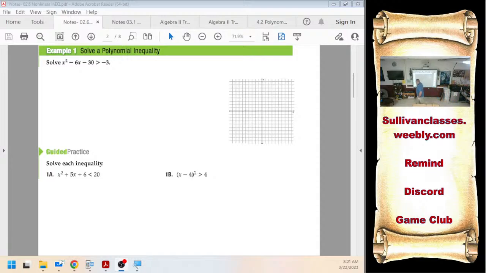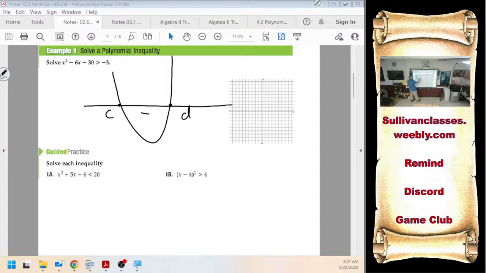And what we started to get into was maybe I don't actually need to graph this thing to know where it's above or below an axis, because parabolas have behavior, right? Happy parabola, sad parabola. So if I know the zeros, like one of them is here and one of them is here, and I know it's a positive parabola, well, then I know it will be negative here, positive here, positive here.